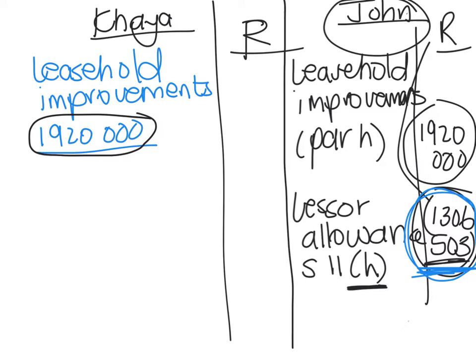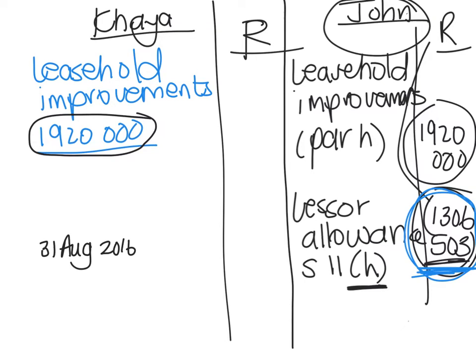Next up, we need to look at the remainder of the lease term or the lease agreement from the date that the improvements are completed. Now, let's just quickly have a look at this. The leasehold improvements are completed on the 31st of August, 2016, right?